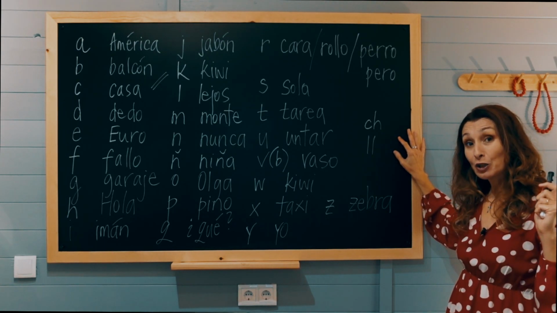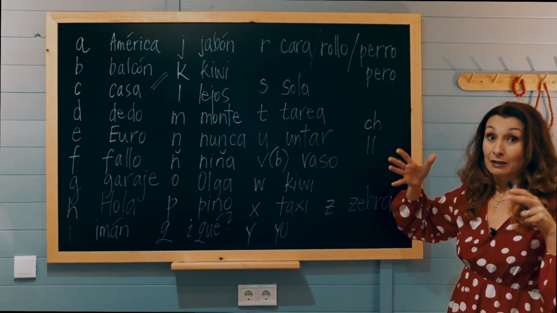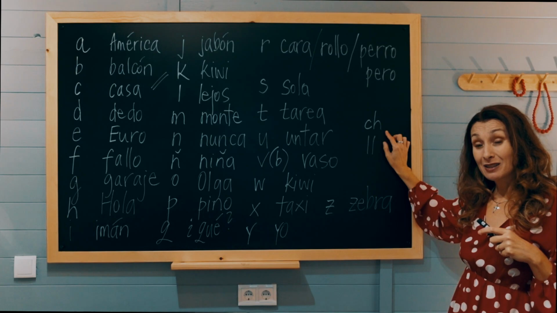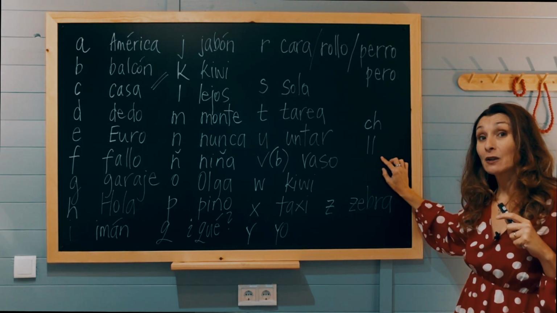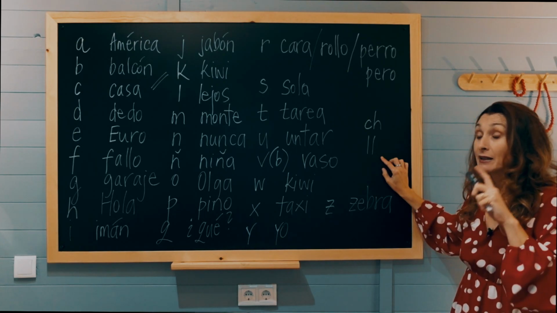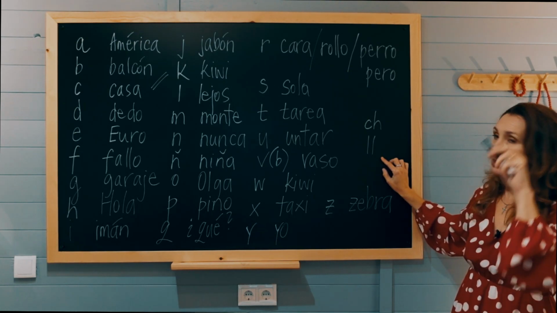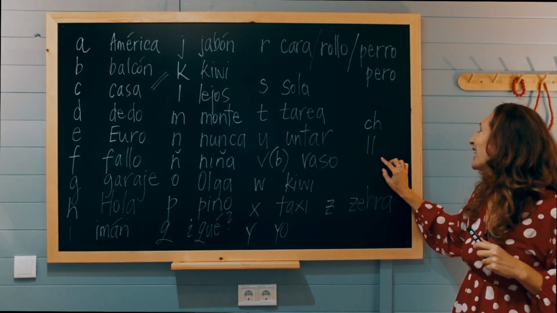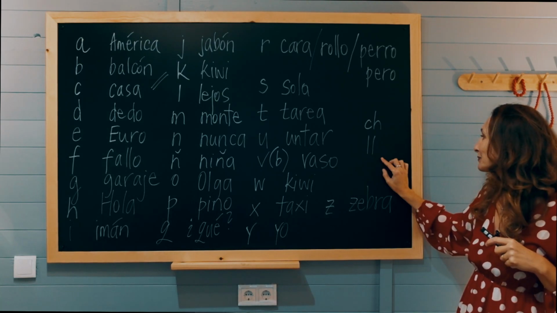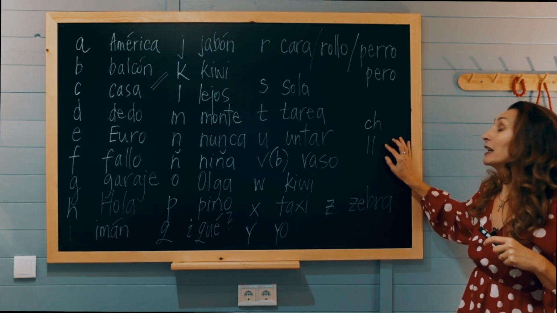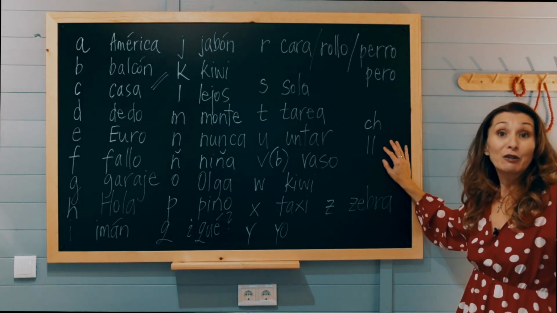So in old dictionaries, glossaries, you will find a chapter only for words starting with CH and another one for words starting with double L. At some point, the Royal Academy of Spanish, which is the highest authority when it comes to Spanish grammar and vocabulary, decided that they would no longer be considered letters in their own right.